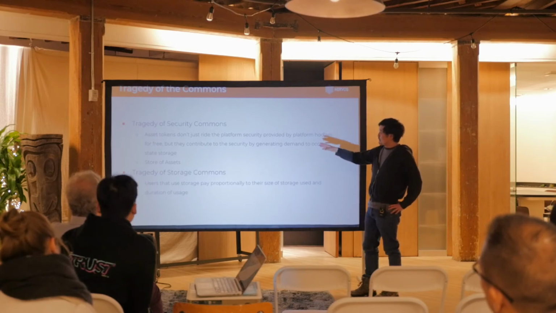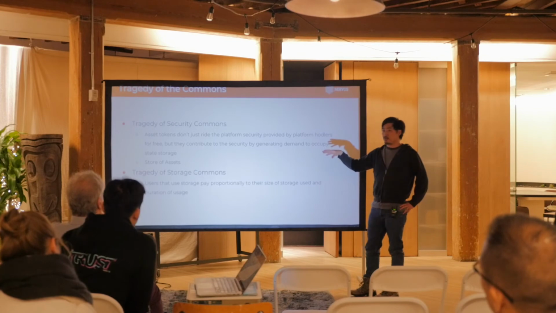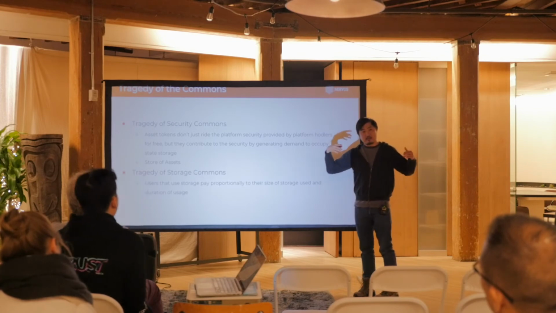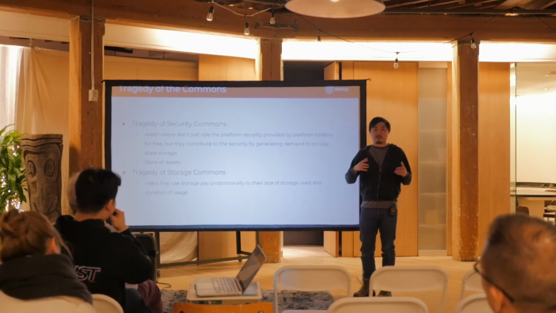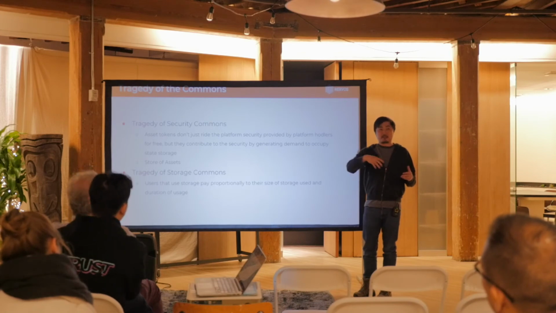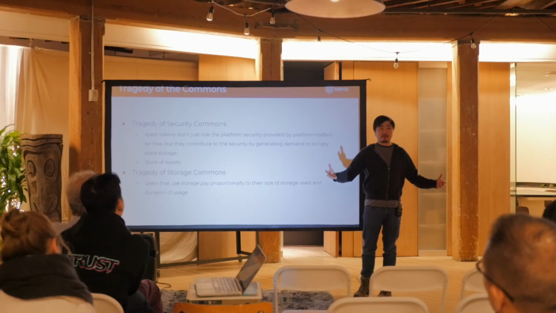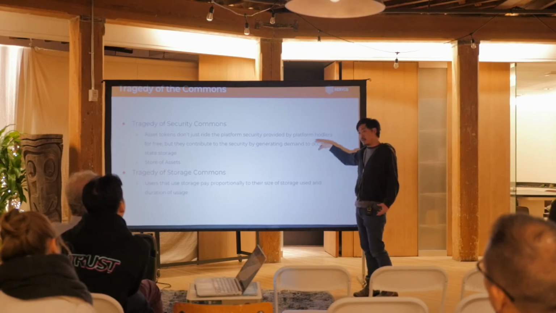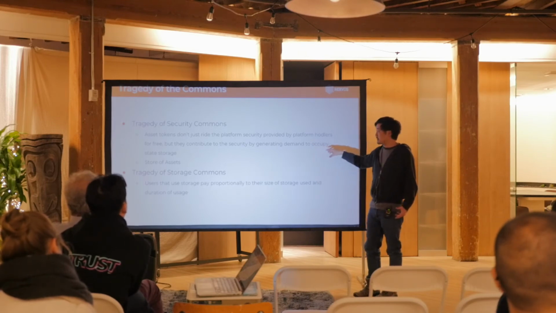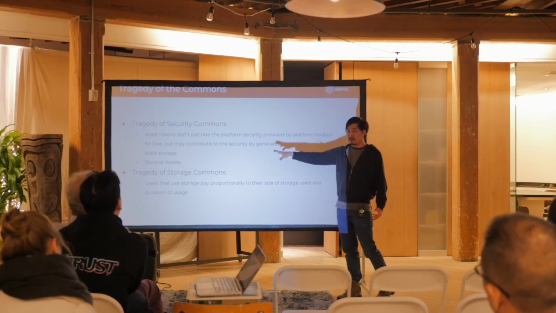But asset tokens contribute to the security by generating demand to occupy state storage. So the more asset projects we have, and the more user demand on these asset projects, they're going to occupy more storage, which puts demand on the native platform tokens, right? And we call this property store of assets.